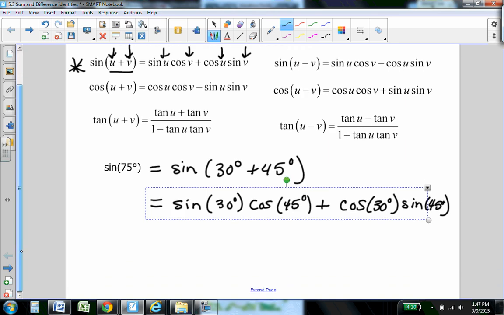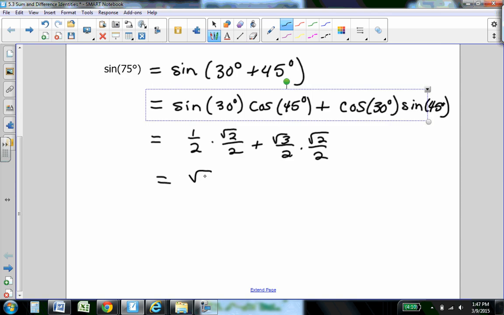It doesn't matter. So now, at this point, we're going to go back and fill in what we know from our unit circle. The sine of 30 is 1/2. Cosine of 45 is root 2 over 2. The cosine of 30 is root 3 over 2, and the sine of 45 is root 2 over 2. And do our multiplication first.